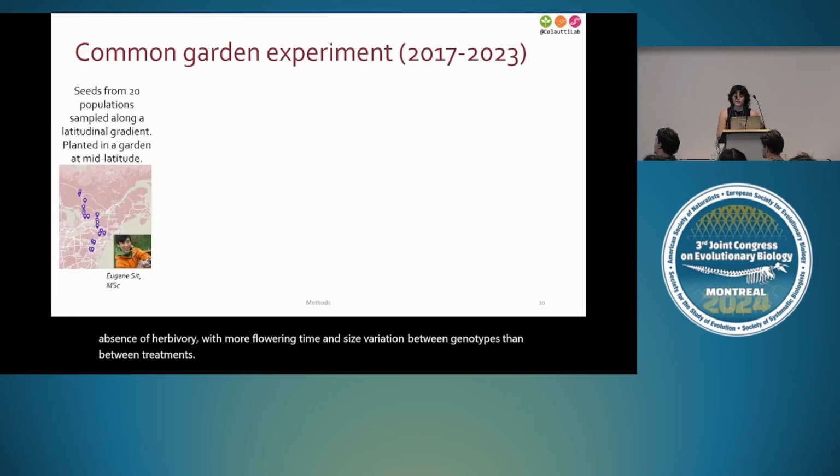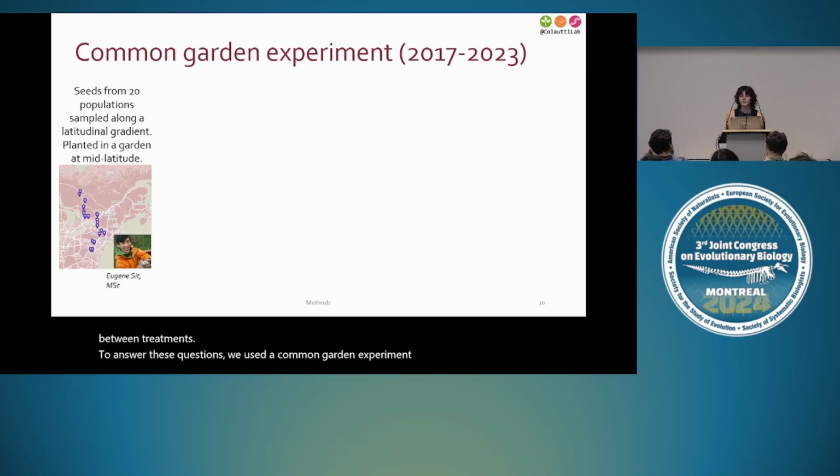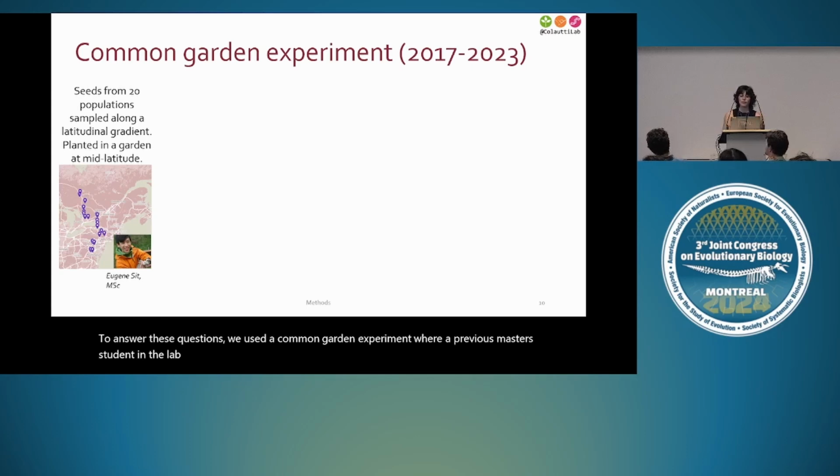To answer these questions, we used a common garden experiment where a previous master's student in the lab, Eugene, ambitiously sampled plants from 20 populations along 10 degrees of latitude in northeastern North America, ranging from Timmins, Ontario, down into the mid-latitude United States.